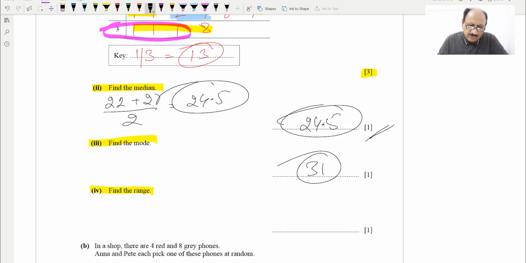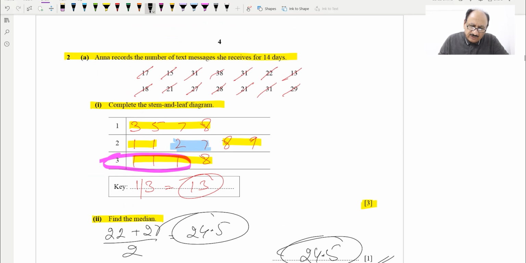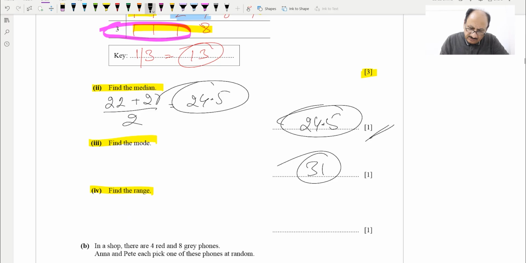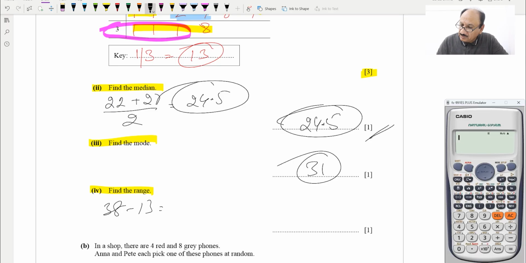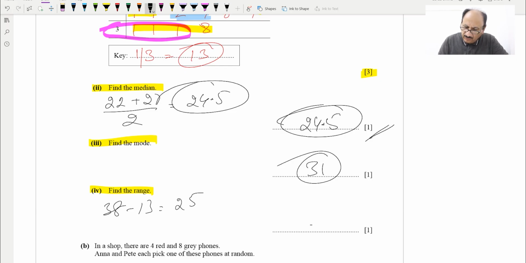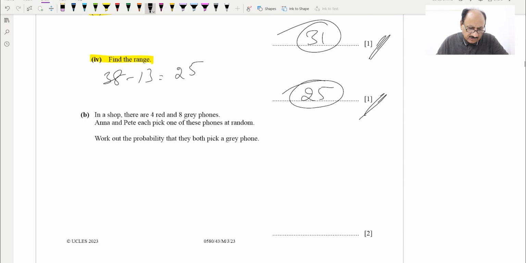The maximum number is 38, and the minimum number is 13, so 38 minus 13 is giving us 25. So 25 will be the range, and this is also for 1 mark, so each part is 1 mark in this.